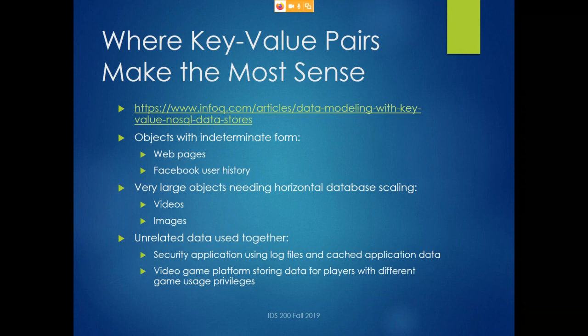They're going to happen at network speed, which is a lot slower, or worst case, maybe even at hard drive speed, tremendously slower. So if you have very large objects that require horizontal database scaling, basically if they're going to be spread out over multiple storage devices, that's going to be terrible for running complex queries like that.